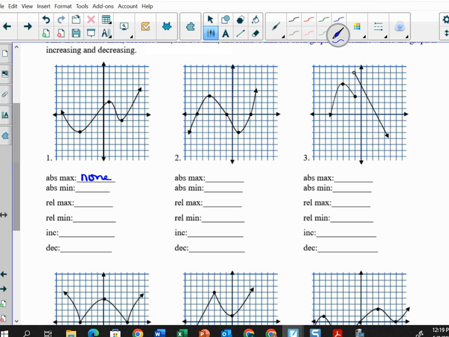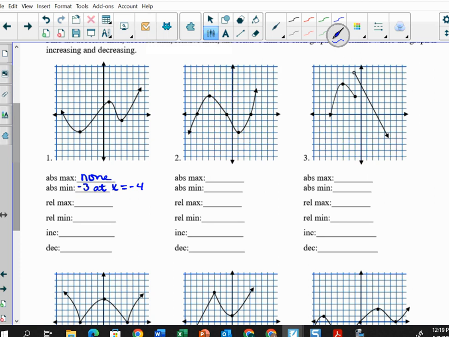Okay, absolute minimum. Yeah, is there an absolute minimum? -4. Yes. Okay, we write it as what is the minimum, which is -3, at whatever x value it's happening at. So it looks like at x equals -4. That is just proper notation for calculus to get you in the habit of saying what the maximum or minimum is, which is the y value, and then where does it occur.